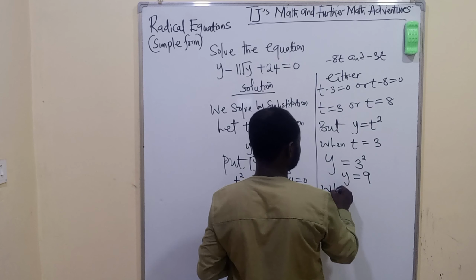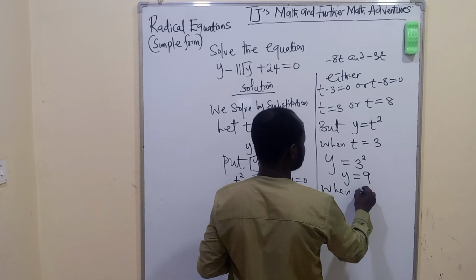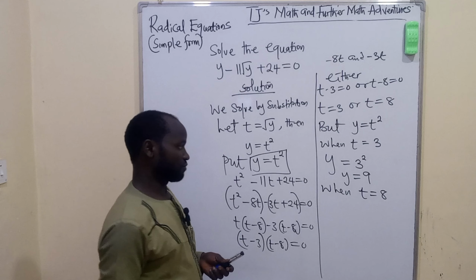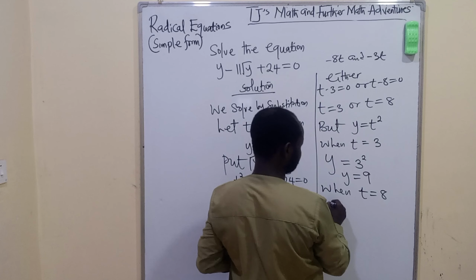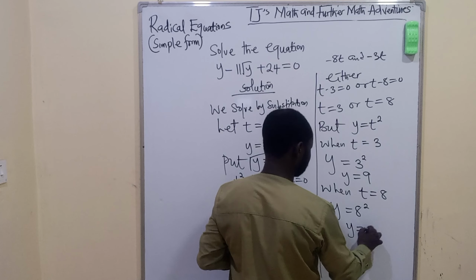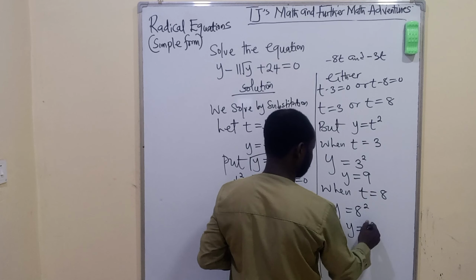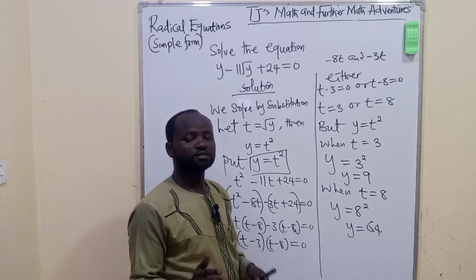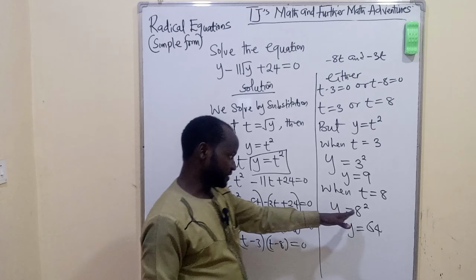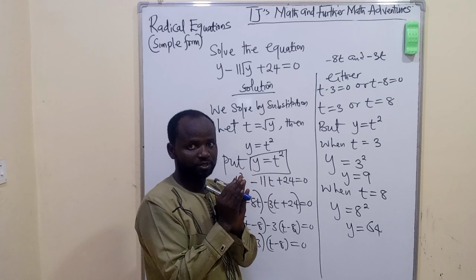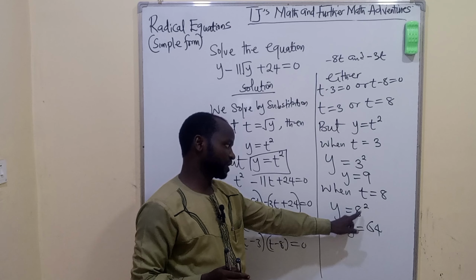When t is equal to 8, what will be the value of y? Our y now will be equal to 8 squared, so y will be equal to 64. 8 squared means 8 times 8, not 8 times 2.